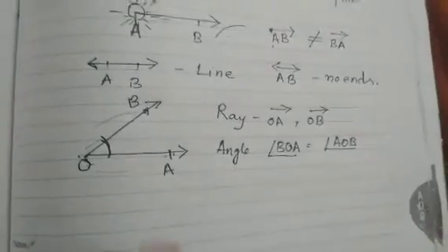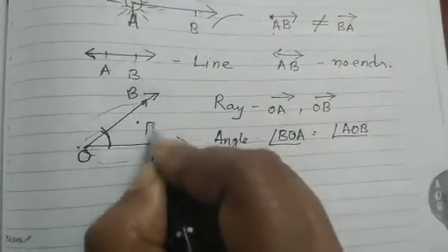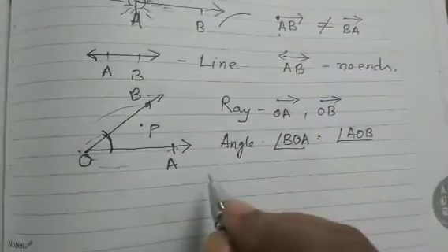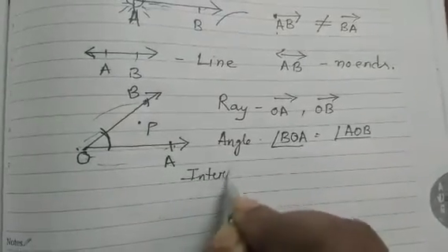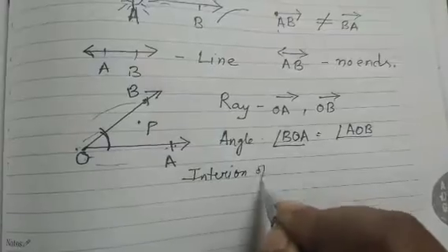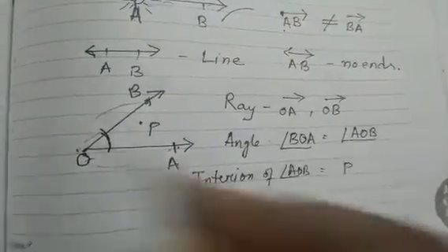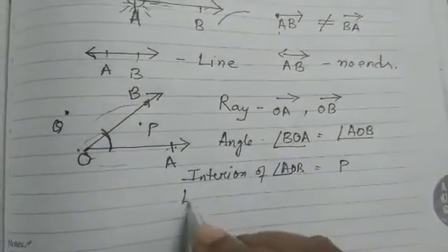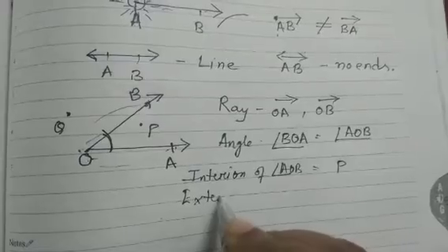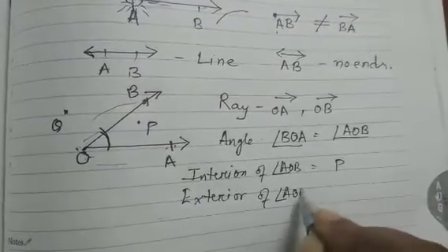Whatever point is inside this angle, say I have a point P inside this angle, is the interior of angle AOB. Somewhere outside, if I have a point Q, exterior means outside, so Q is in the exterior of angle AOB.